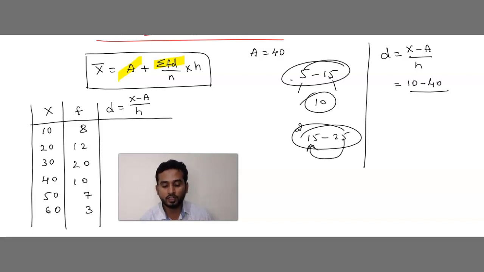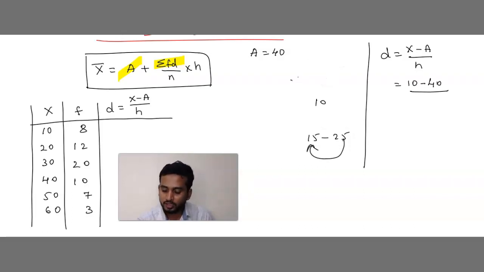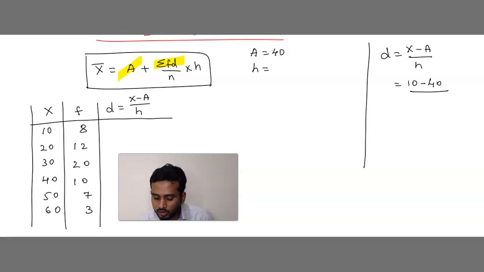You can easily find how many numbers are lying between 5 and 15, that is called h. Are you understanding, children? Highest number minus lowest number, that is 15 minus 5, that is 10. Understood? So from this we got to know that the value of h is 10. Just write here 10.